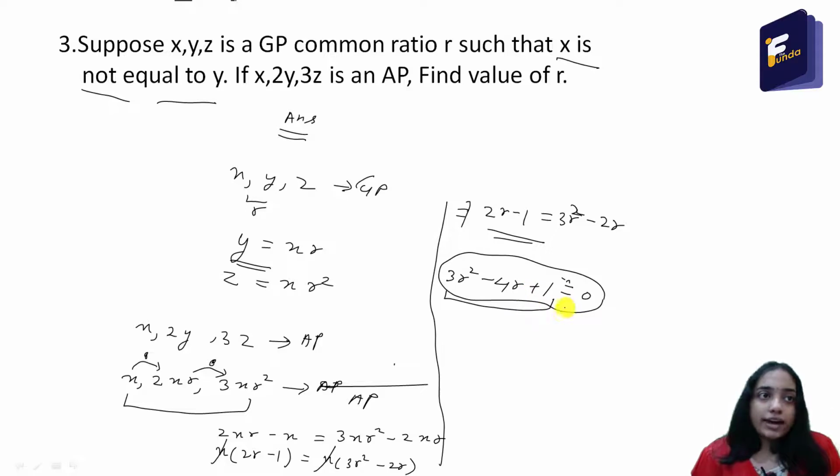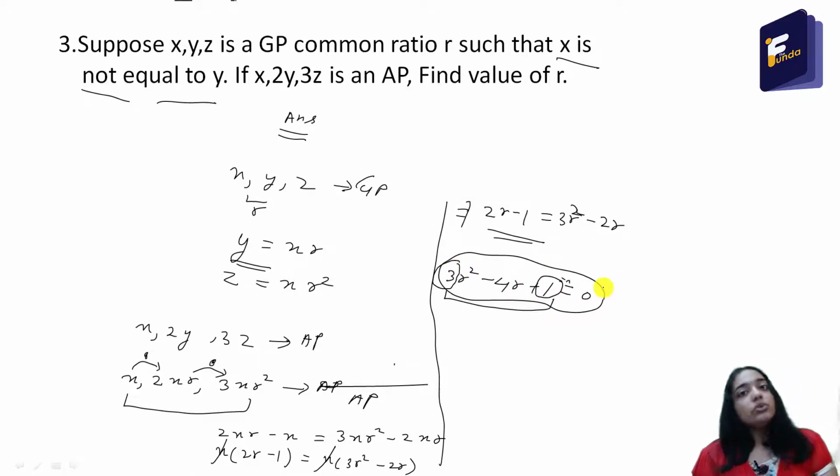So how will I factorize this whole thing? Think of two numbers such that by multiplying them you will get 3 into 1, the product of the coefficient of R square and the last term, that is 3.